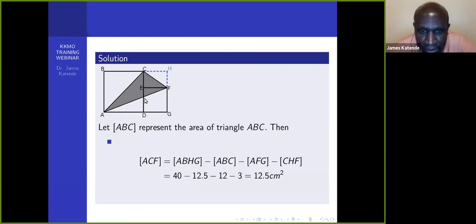So the dimensions of all these are known. If you work out those areas, you should end up with these as your numbers. So just double check that this is indeed correct. And therefore the area of the shaded region that you're looking for is 12.5 square centimeters. So the trick was to complete this rectangle and then use that to find the areas.